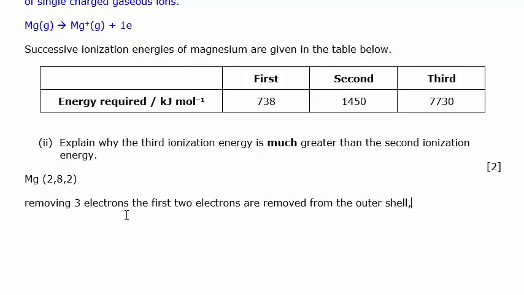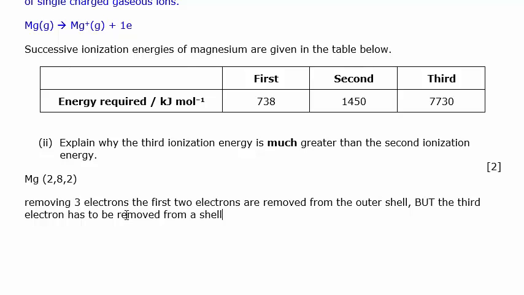But of course the third electron has to be removed from a shell that's closer to the nucleus and hence held more tightly. More energy is needed. Much more energy is needed.